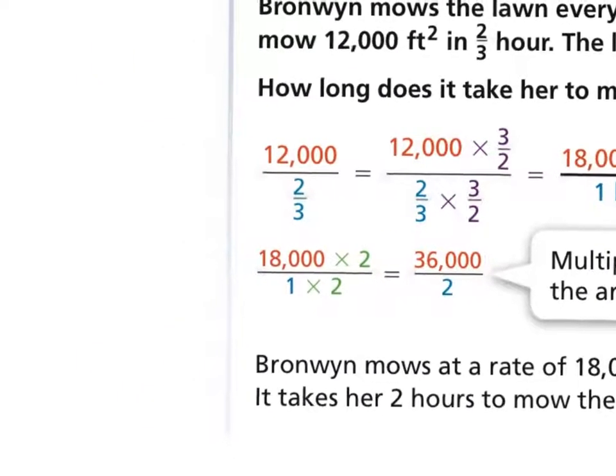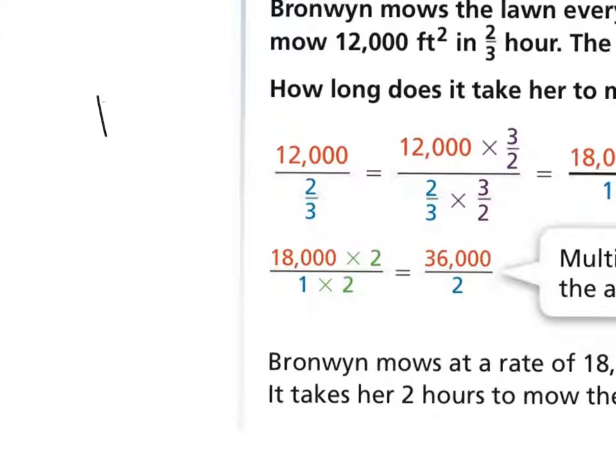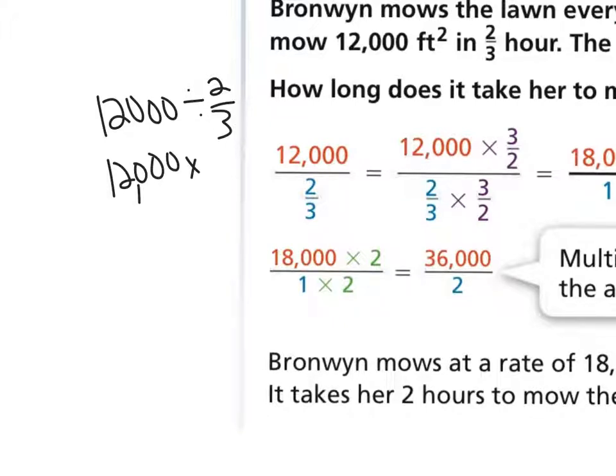Now, if you did 12,000 divided by 2/3, just remember dividing fractions: keep, change, reciprocal. So you can see that ends up doing the same thing as what the book's doing there.